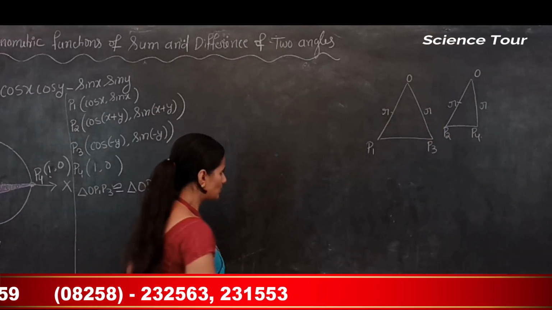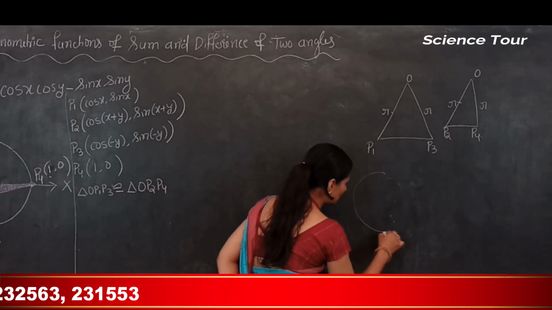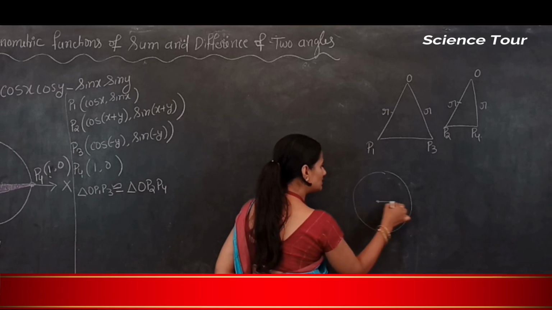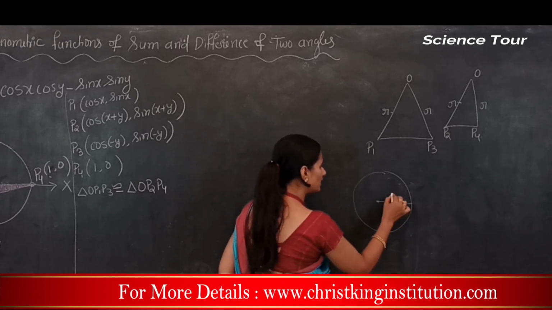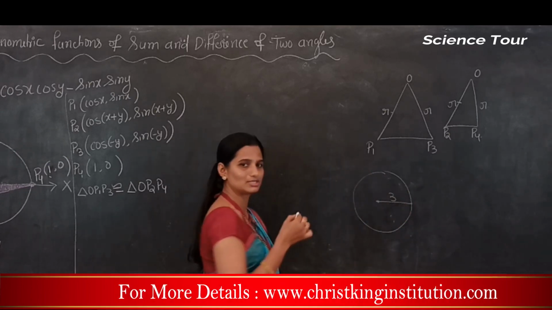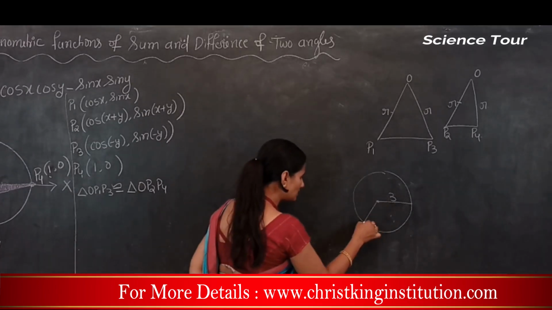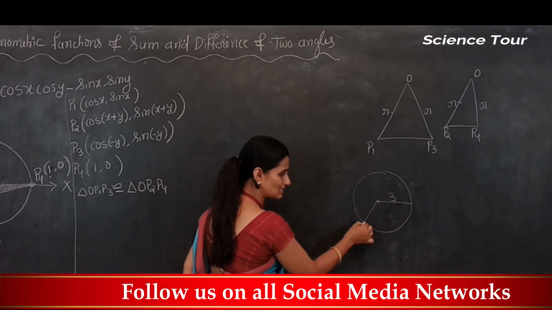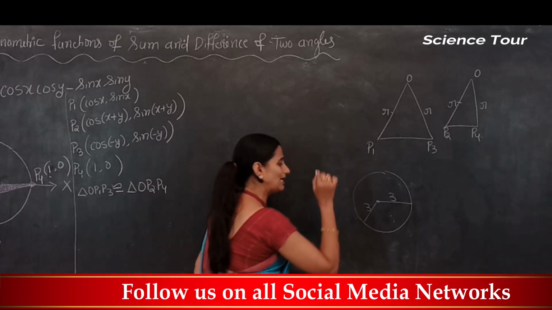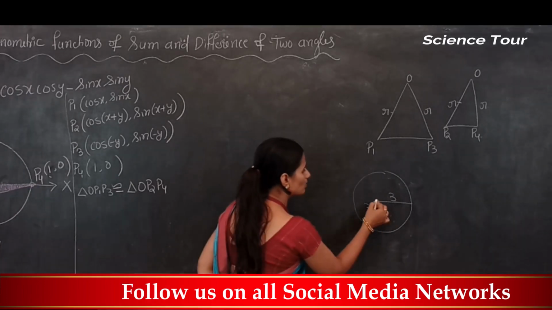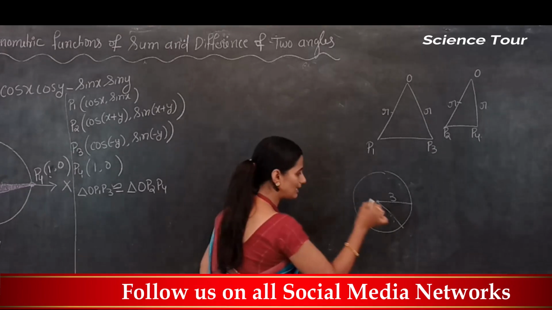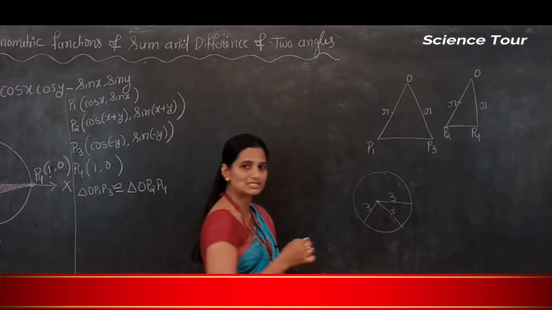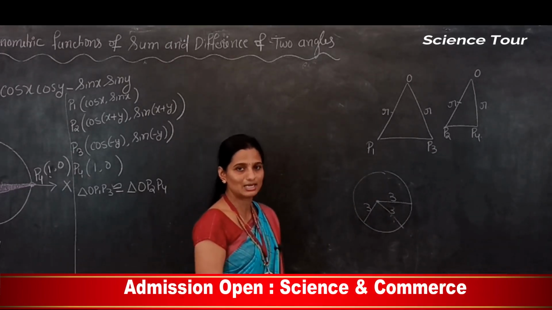Correct, no? If this is your circle and this is the radius, suppose the value of radius is 3 meter or centimeter. What is the value of this line? Again this is radius, obviously we can write it as 3. Again the value remains the same in a circle, that is the radius.